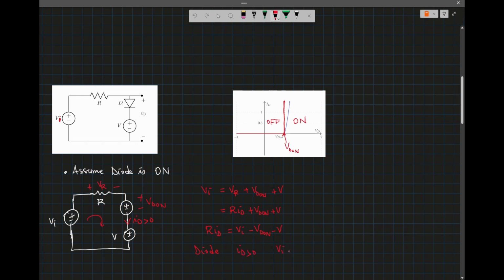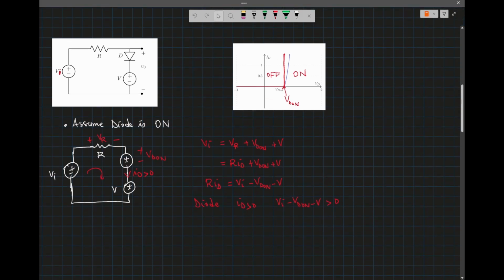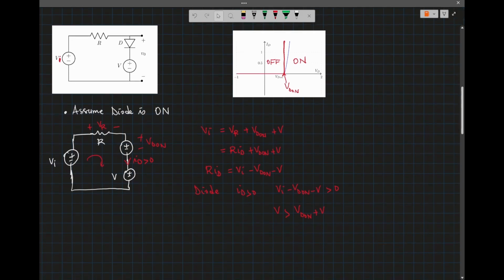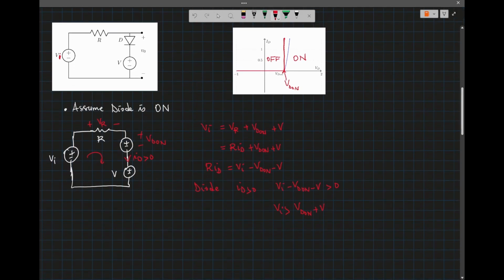That means VI minus VD on minus V must be positive. So VI must be bigger than VD on plus the bias voltage.